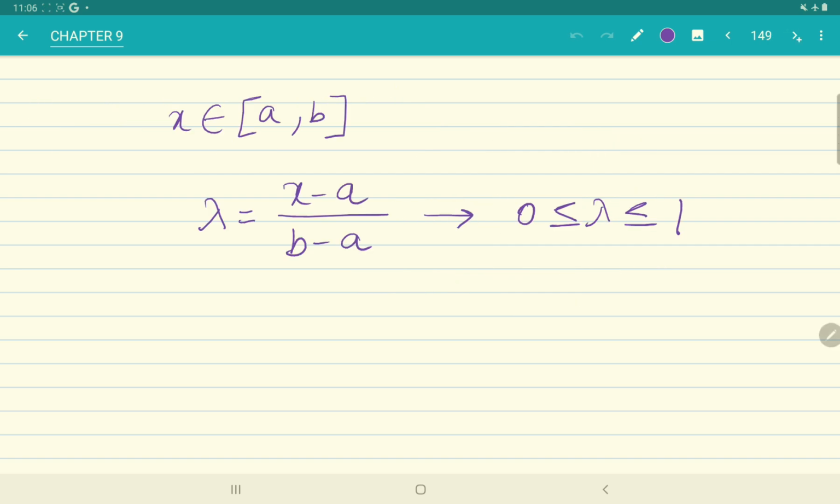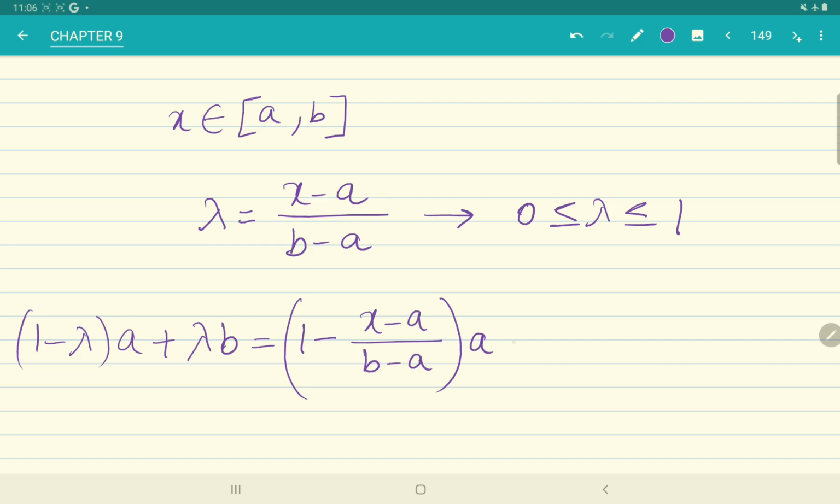So given all this, if I now write 1 minus lambda a plus lambda b, instead of lambda I just write 1 minus x minus a by b minus a, plus lambda b, which is x minus a by b minus a multiplied by b.